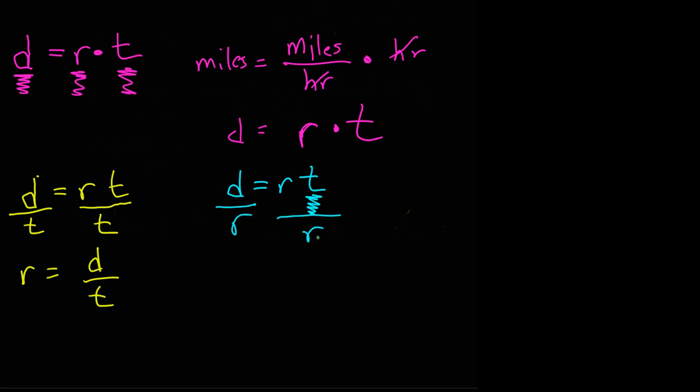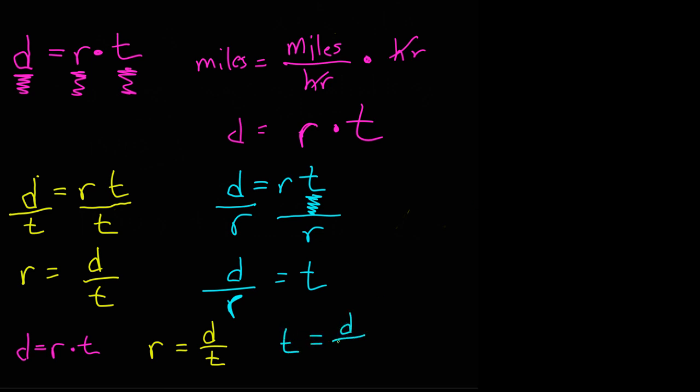These will become a 1, so I'll get a T over here equals the distance divided by my speed or my rate. And so the three equations that I get from this one relationship is my distance is equal to my speed or rate times time. My speed or rate is equal to my distance divided by time. And the time I've traveled is equal to my distance divided by my rate.